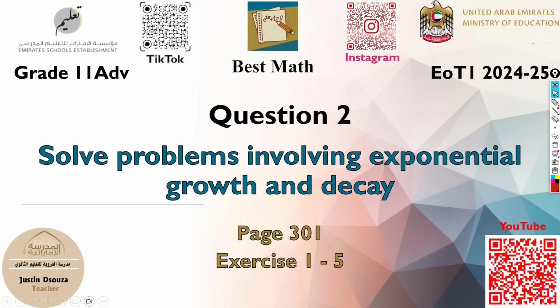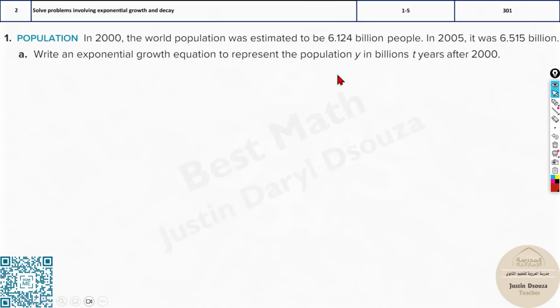In this question, we will look into the exponential growth and decay functions. These are all real-world problems. Here we have one about population. In 2000, the world population was estimated to be 6.124 billion people. In 2005, it was 6.515 billion.